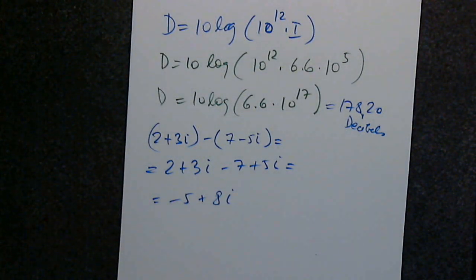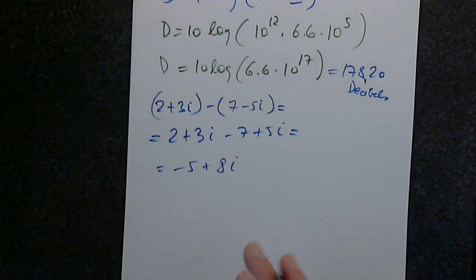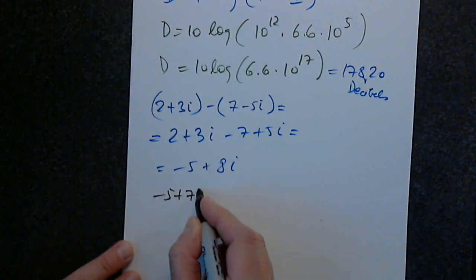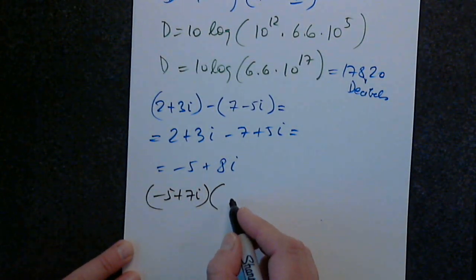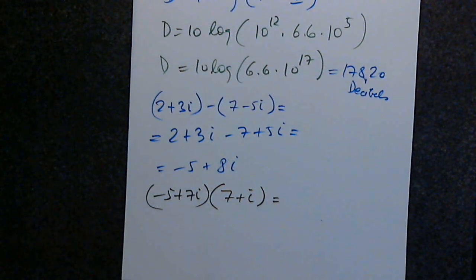Okay. Then another subtraction of complex numbers, another subtraction, a product. These are polynomials. Do we need to multiply complex numbers? Yes, the FOIL, but also i squared is -1. So let's do one of those. -5 plus 7i and 7 plus i. So yes, we use FOIL.